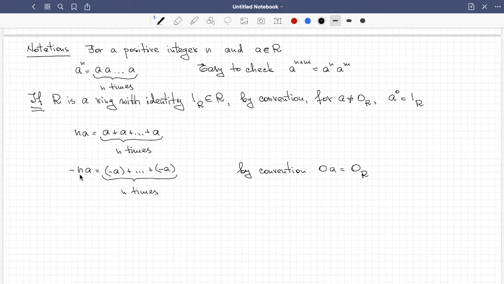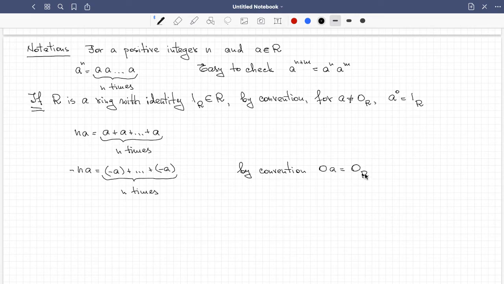So this 0 is an integer. This 0 and this 0 are not the same. They have nothing to do with each other. This is the number 0, and this is a special element in the ring. Different things.